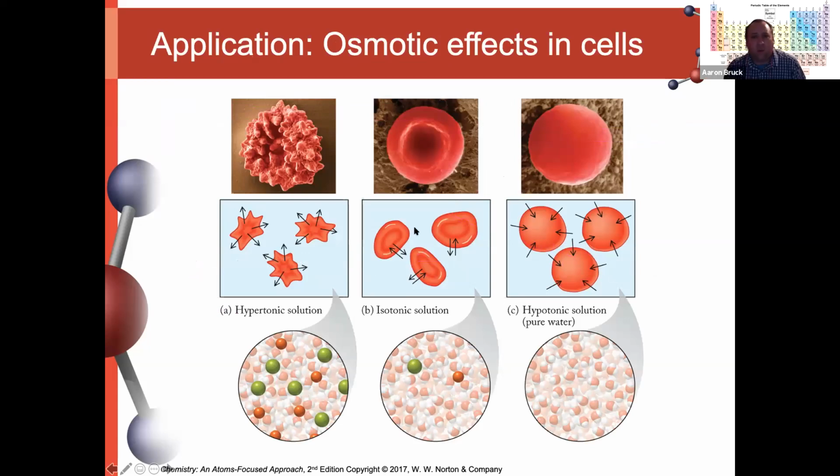Okay, so one of the places where we see this in action is with your red blood cells. Your red blood cells exist in your body, and your body is a very, very controlled system in terms of solution dynamics, temperature, and a lot of things.